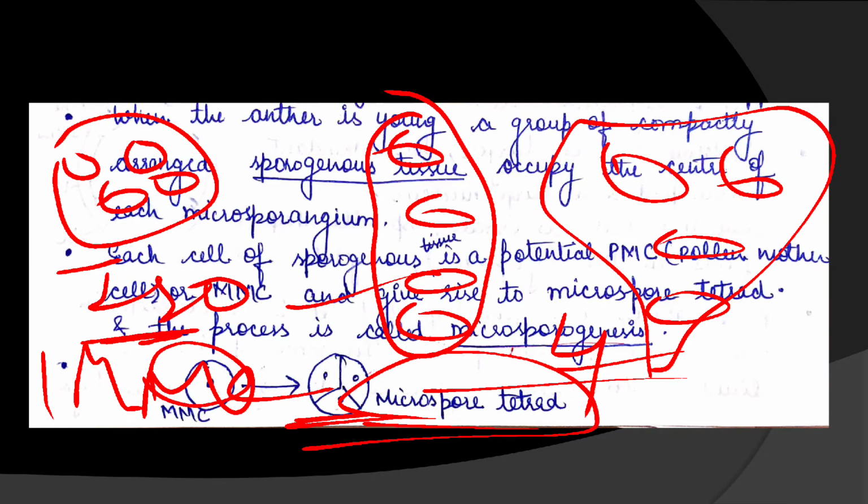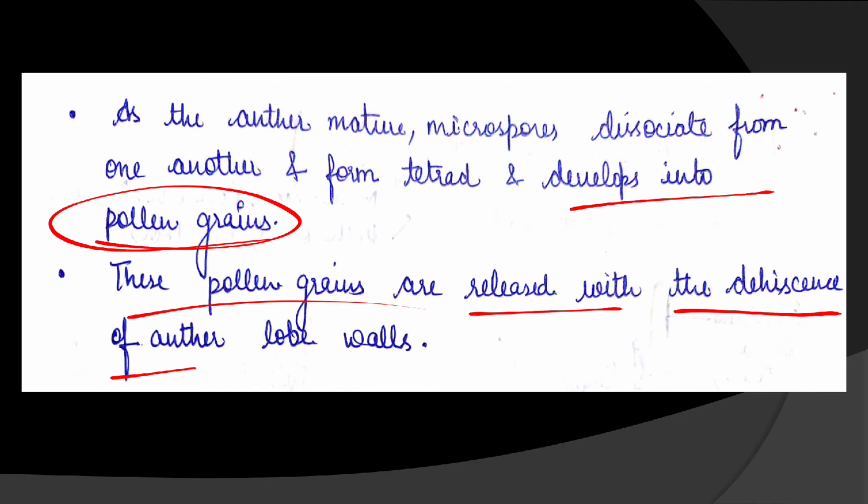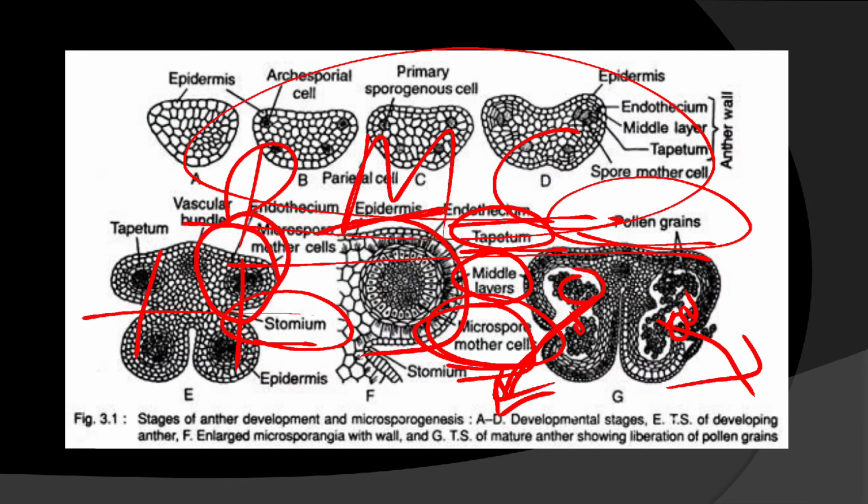Now these microspores get separated and develop into pollen grains. These pollen grains are released with the dehiscence of the anther lobe walls. Here you can see the stomium is the line of dehiscence. From here the pollen grains are released.